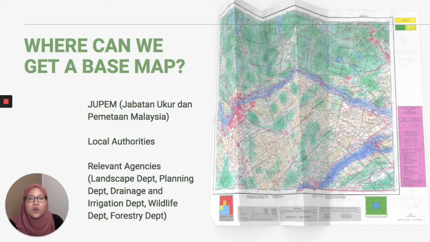And then we may also obtain base maps from relevant agencies such as Landscape Department, Planning Department, Drainage and Irrigation Department, Wildlife Department, and Forestry Department. So when we get base maps from these different agencies, they might have information pertaining to their agencies as well. That could be a good reference for us to use in our inventory and analysis.